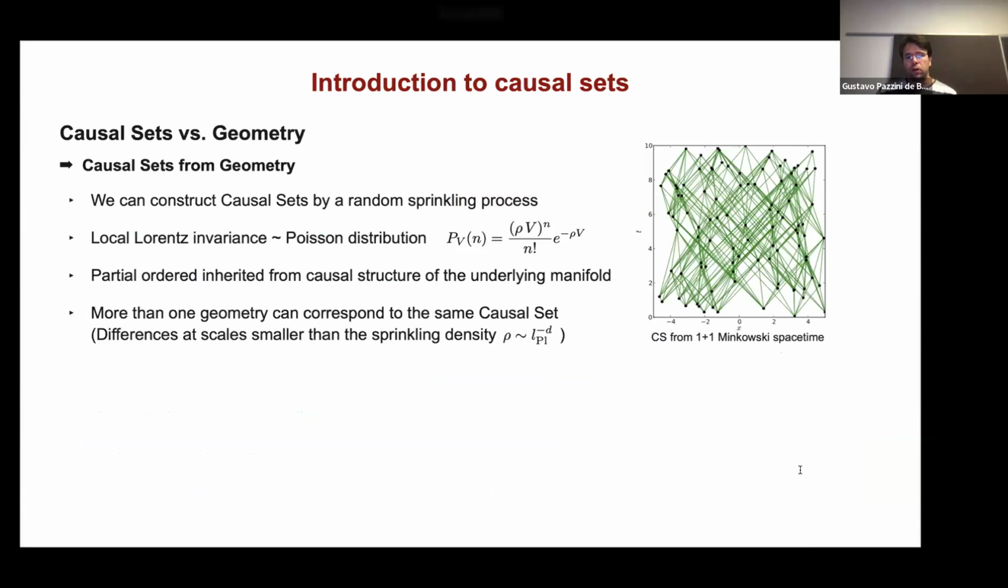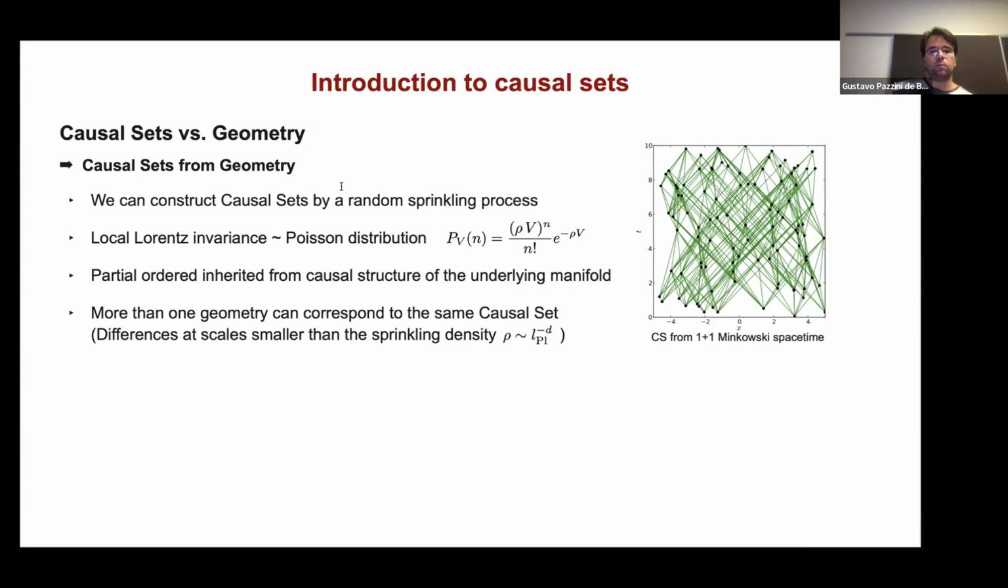Okay, so the example that I gave before for a causal set does not look like anything like a geometry. Just 3 points does not resemble a geometry. Generically, given a causal set, reconstructing a geometry is not a simple process. But given a geometry, we can construct a causal set by something that we call a sprinkling process.